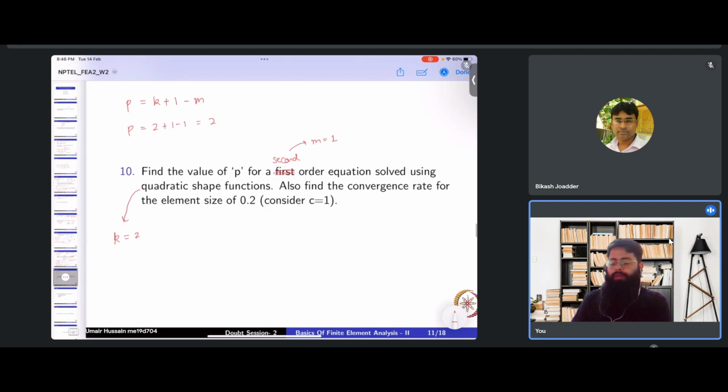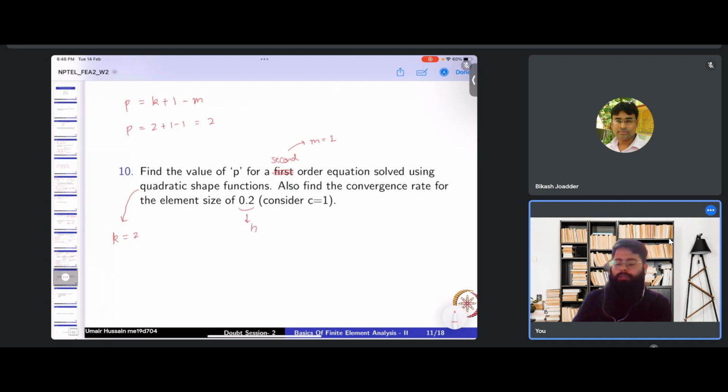And we need to find the convergence rate if the element size is 0.2. So this is H. We are given C equals 1. So what is the formula for convergence rate? The error should be less than C times H to the power P, right?